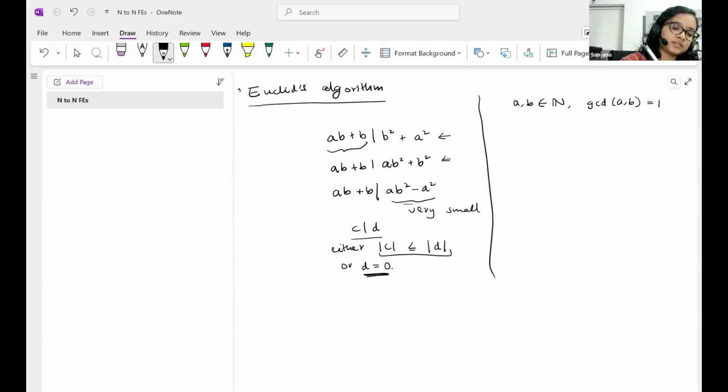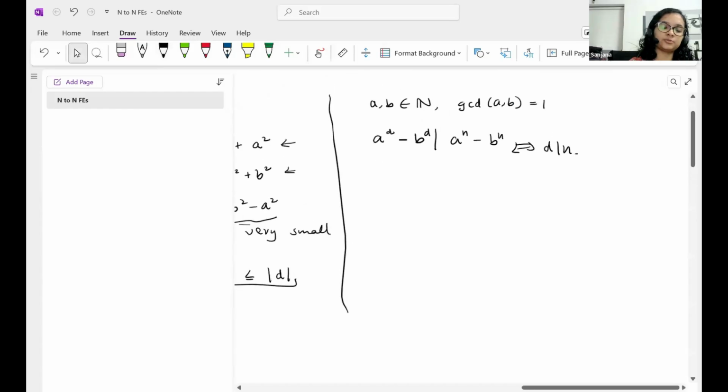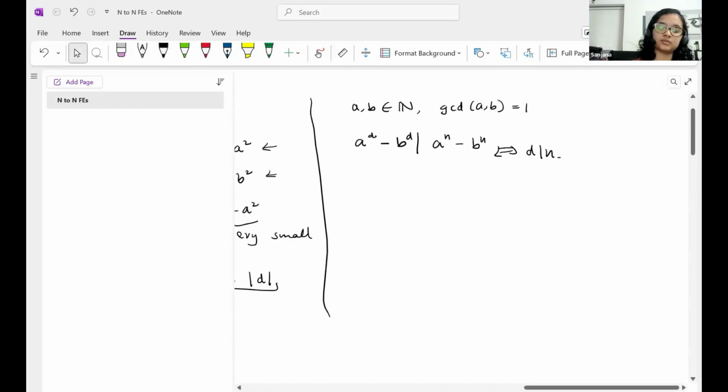I want you to prove that a to the power d minus b to the power d divides a to the power n minus b to the power n if and only if d is a divisor of n. You can try this for some time, and if someone has a proof for either direction, you can go ahead, and we'll start with whichever you want.